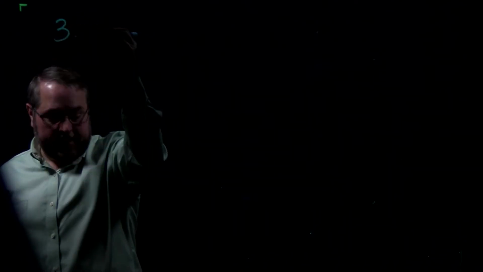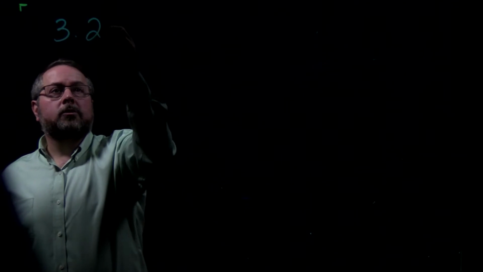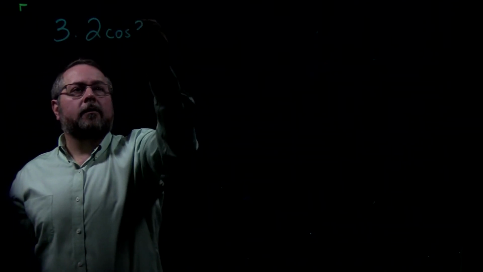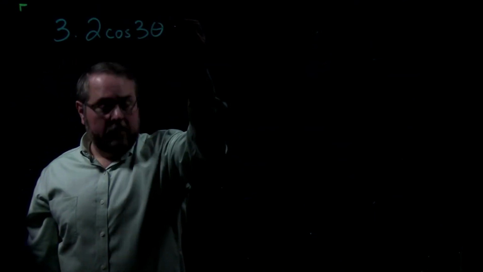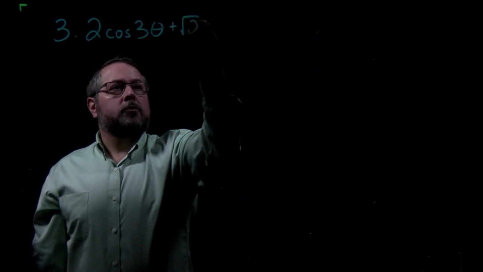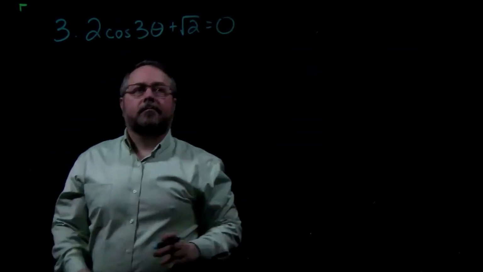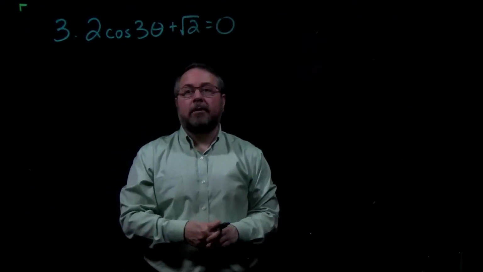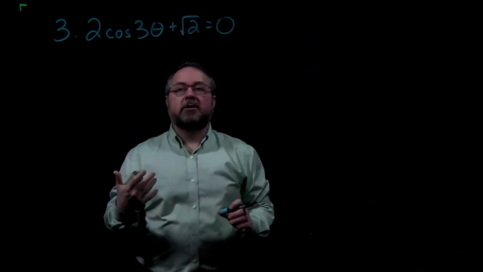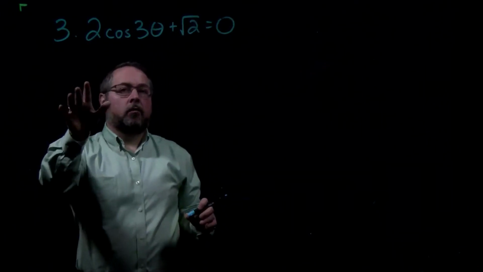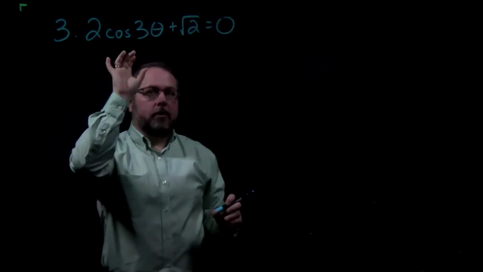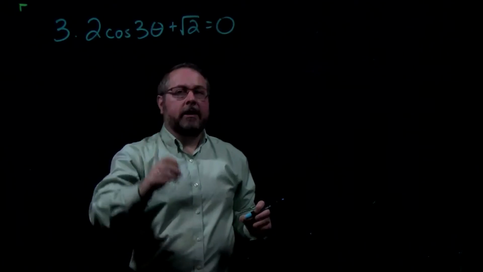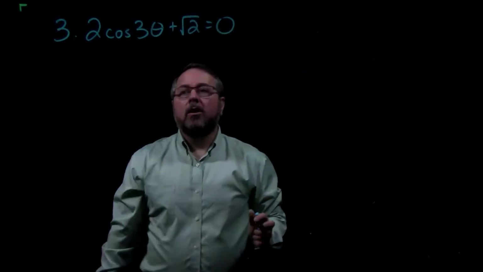Okay, so for example, if we wanted to do 2 times the cosine of 3 theta plus square root of 2 equals 0. Okay, so here's an example where the argument is 3 theta, but this is still a linear form trig equation because we have a cosine as the only trig function and it's raised to the first power.